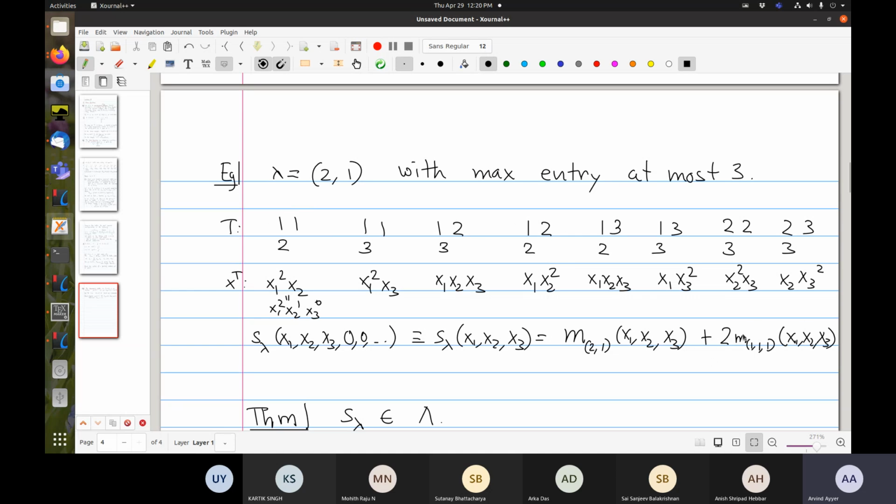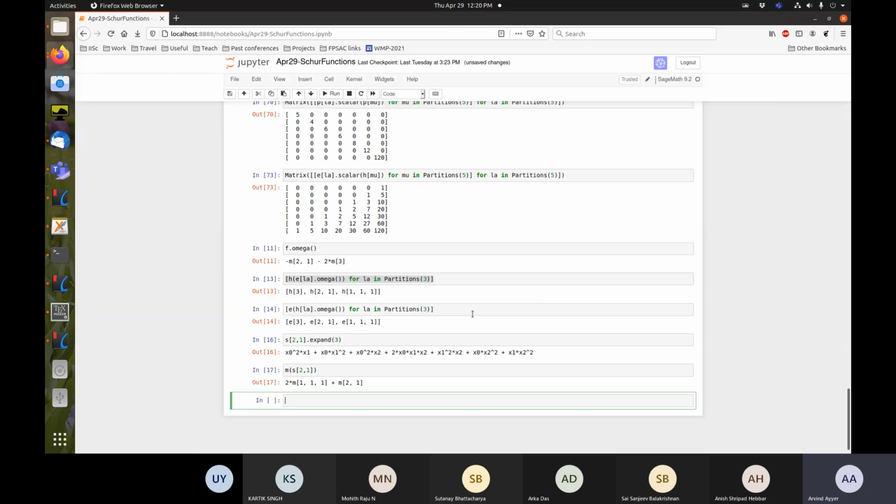In that case, this term would be 0 because x3 is 0. So the appropriate reduction works. Then s21 would be m21, which corresponds to x1 squared x2 and so on. Right? So that's the advantage of dealing with infinitely many variables.